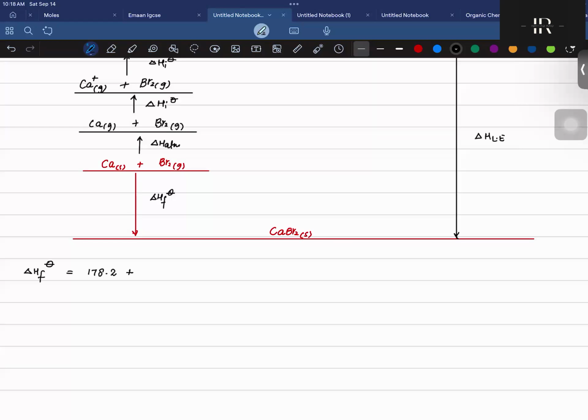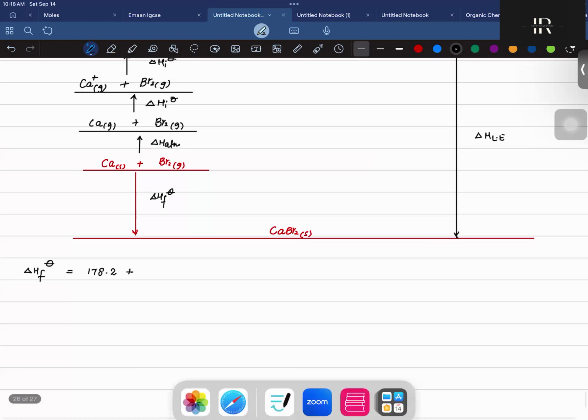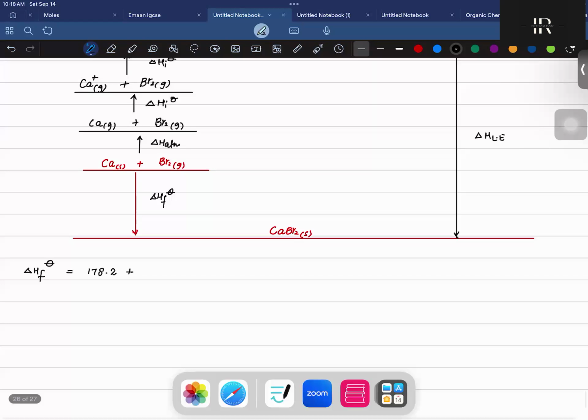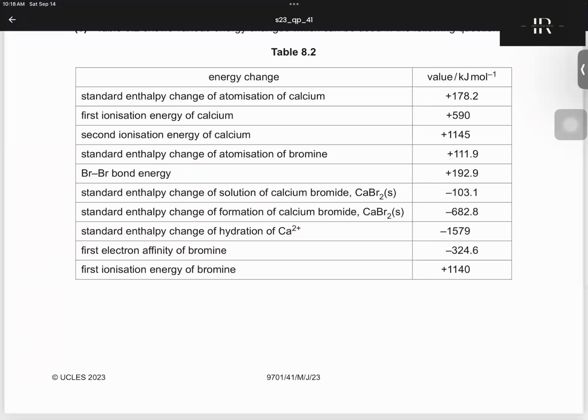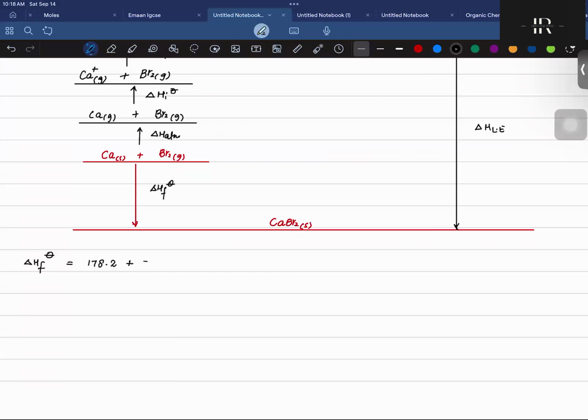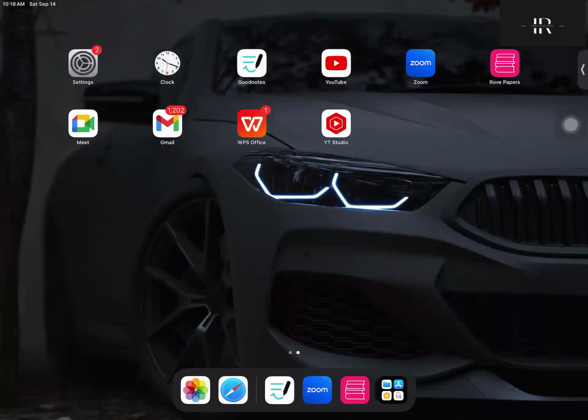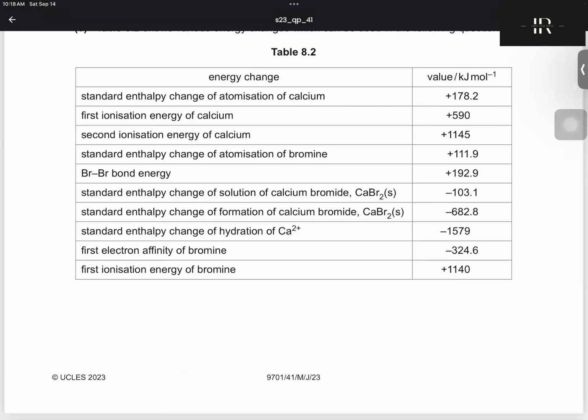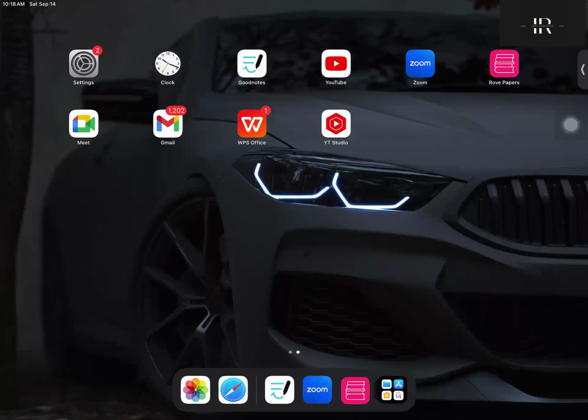Okay, 178.2, and then I need the ionization energy for calcium. The first ionization energy they have given is 590. Then the second ionization energy of calcium is 1145.